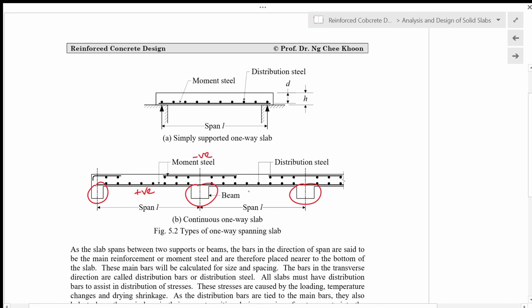Then we have positive bending moment near the middle of the interior span, and negative bending moment at the next support, and so on and so forth. If this is continuous, we have positive bending moment here, and if you have a support here, then you have negative bending moment there.